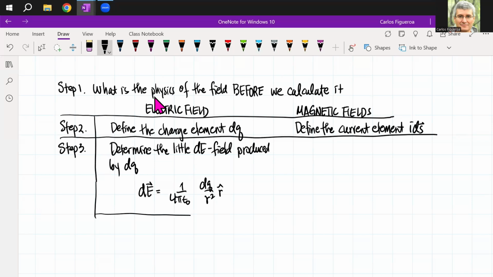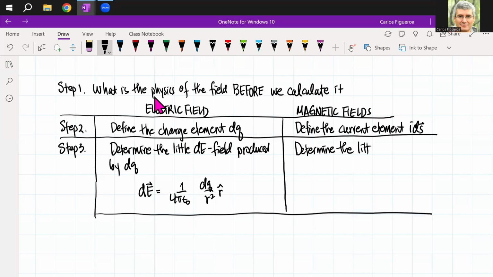So now I'm going to repeat the exact same thing over here. If I look at the magnetic field, what do we find? We want to determine the little dB field produced by I ds.